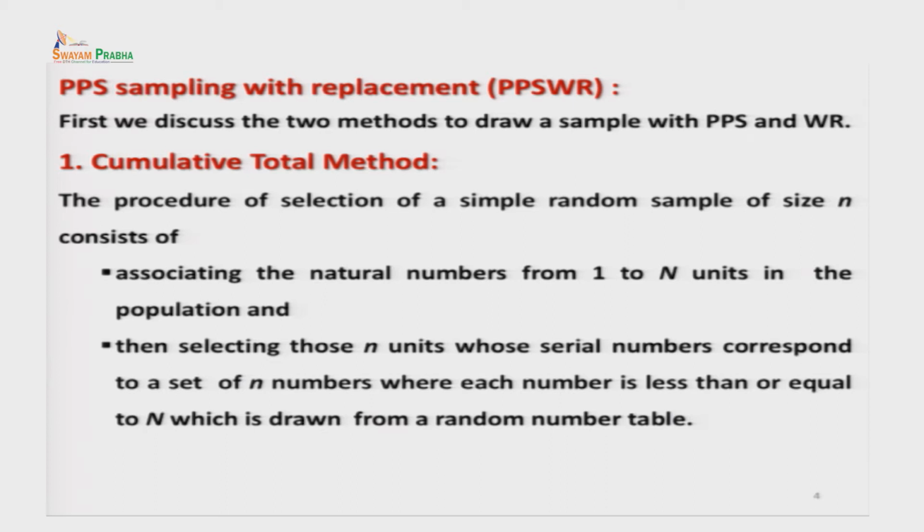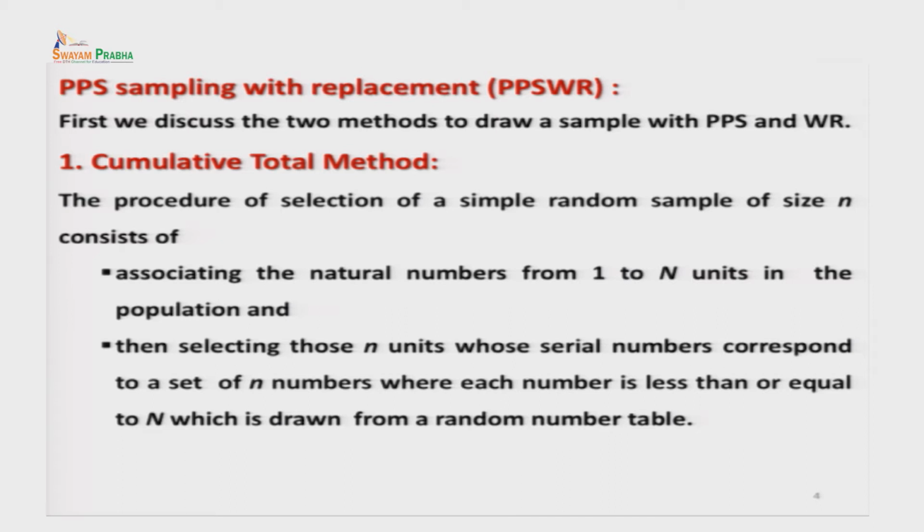Well, definitely PPSWR is easier. So, we first try to understand the easier part. Now the question comes, how can one draw the sampling units from the population using this PPS sampling? For that we are going to discuss two types of methods.